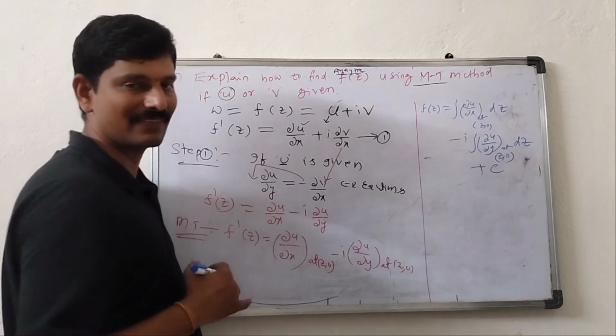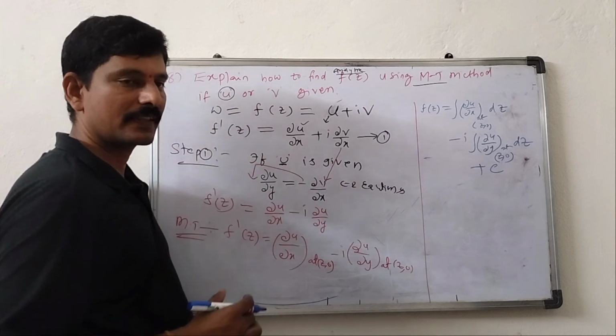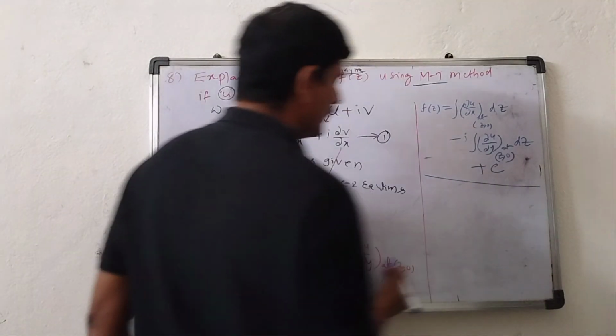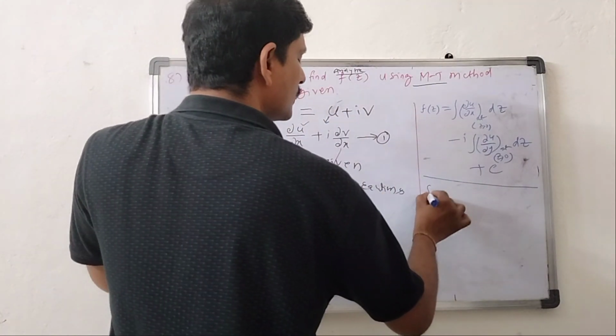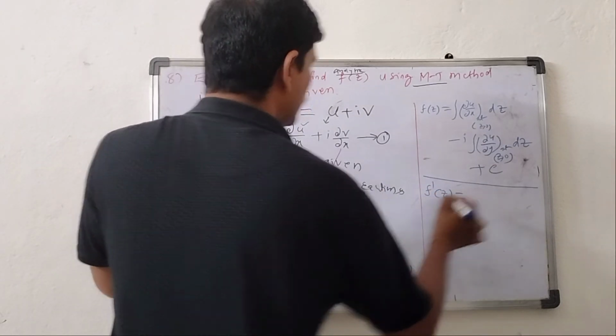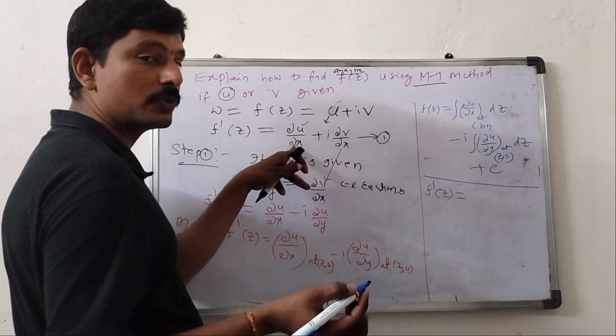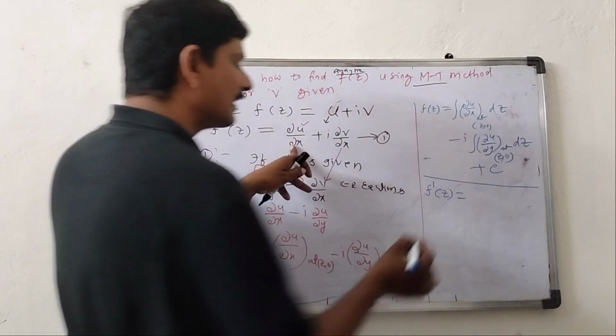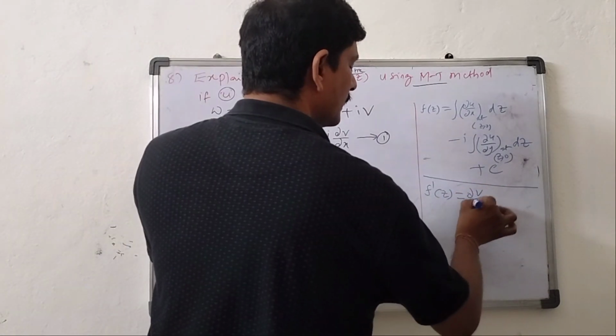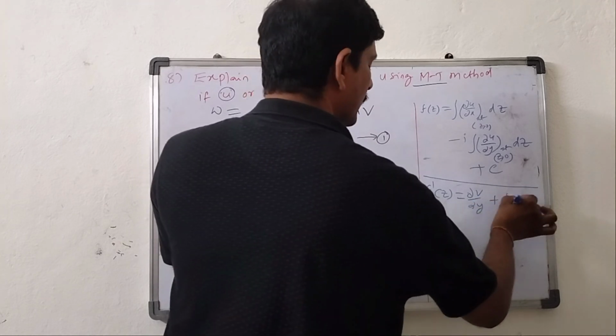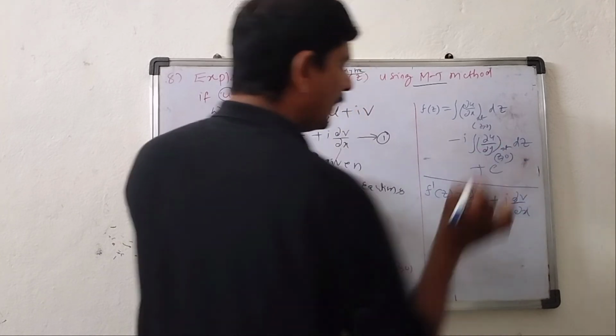If u is given, do this; if v is given, you can do the same process. If v is given, convert f dash z in terms of v only, because v remains the same. In the place of dou u by dou x, what can you substitute? Dou v by dou y, clear? So dou v by dou y plus i into dou v by dou x.